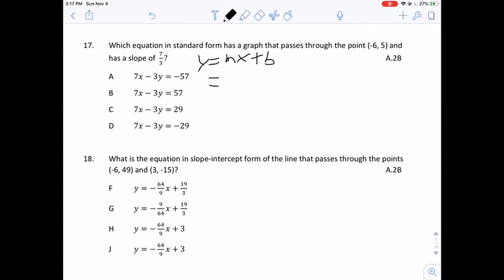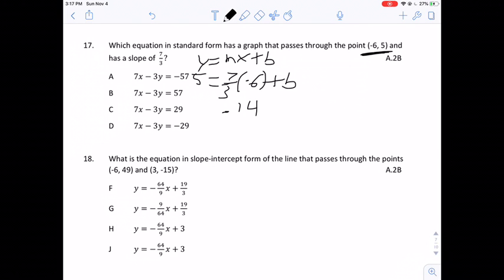I do not have a b. I do have a point. That point, my y is 5. My slope is 7/3. My x is -6. And I'm getting that from the problem. When I calculate this, I multiply the 7/3 times -6, that is going to give me -14.